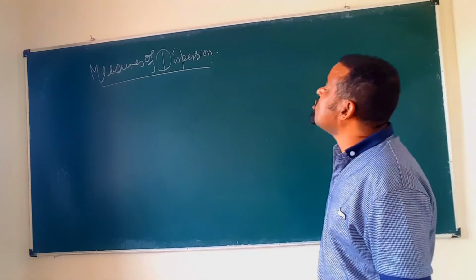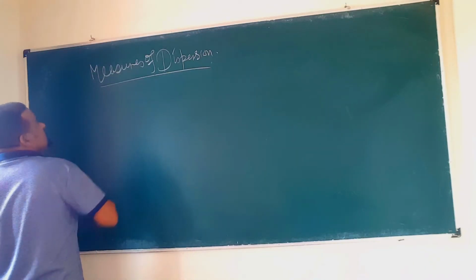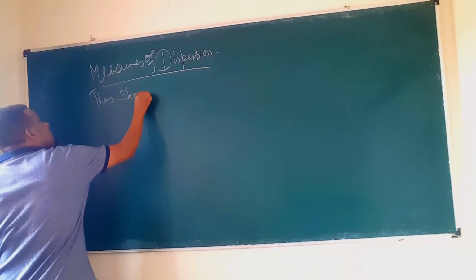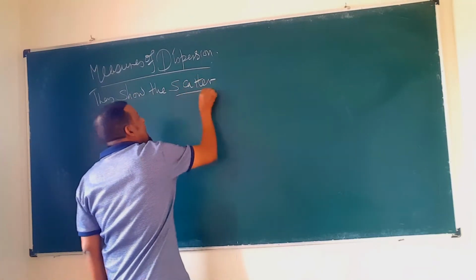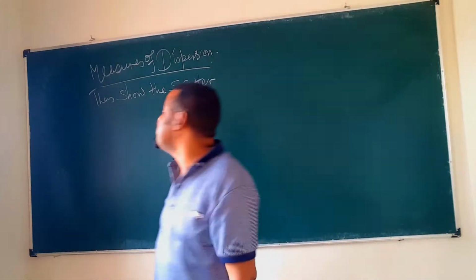These measures of dispersion show the scatter, how much the data are scattered.